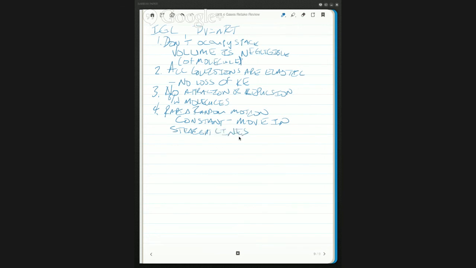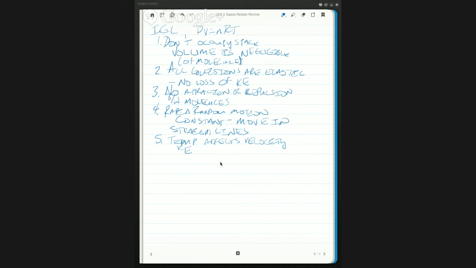And the fifth one we're going to talk about is that the temperature affects the speed or velocity. It's that kinetic energy.